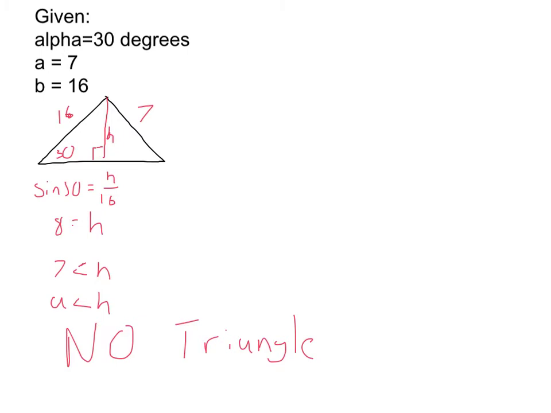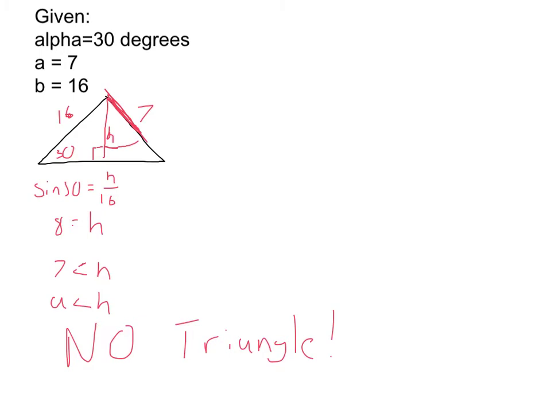I don't have a triangle because in real life, this side 7 here would be much, much shorter. And if we think about that, it's not going to reach all the way down. It's just going to swing over here and not quite touch. So we won't have a triangle that would reach all the way to the bottom of my 30 degrees down here. So no triangle here, and I'm done with this one.